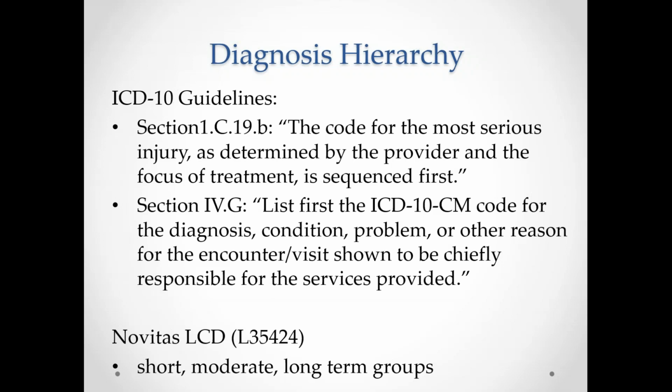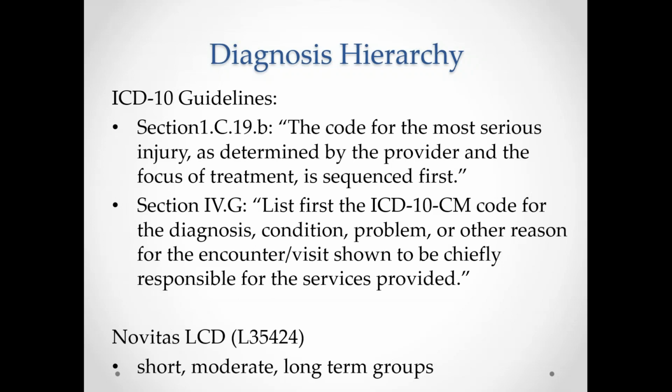In section 4, paragraph G of the guidelines, it says list first the ICD-10-CM code for the diagnosis, condition, problem, or other reason for the encounter or visit shown to be chiefly responsible for the services provided. What all that means is that the first code that you should report is the one that's the main reason for the encounter. And the other guideline, it says the most serious problem should be listed first.